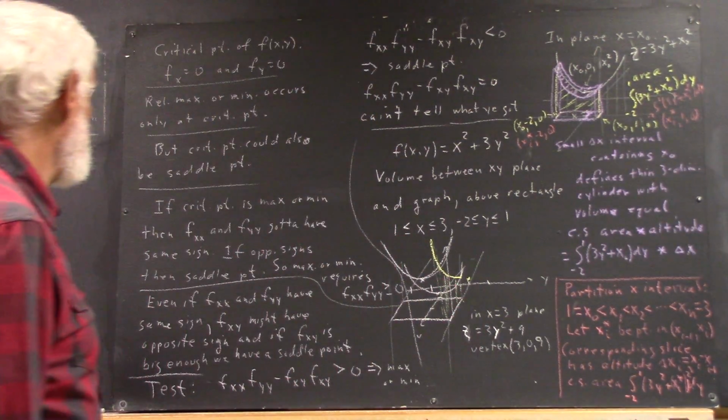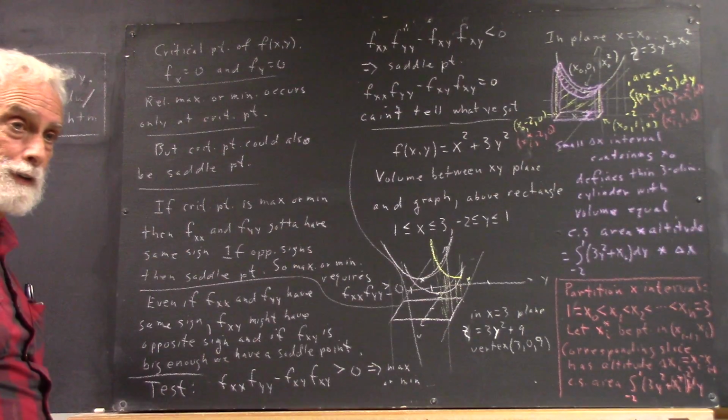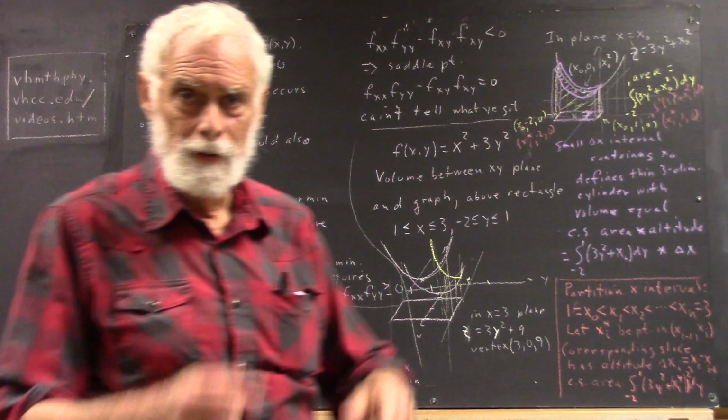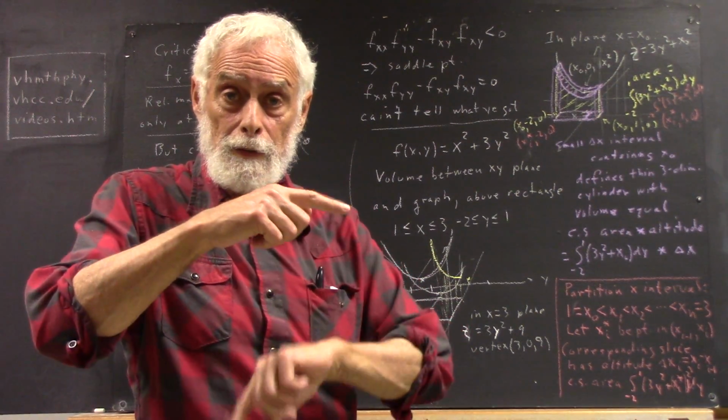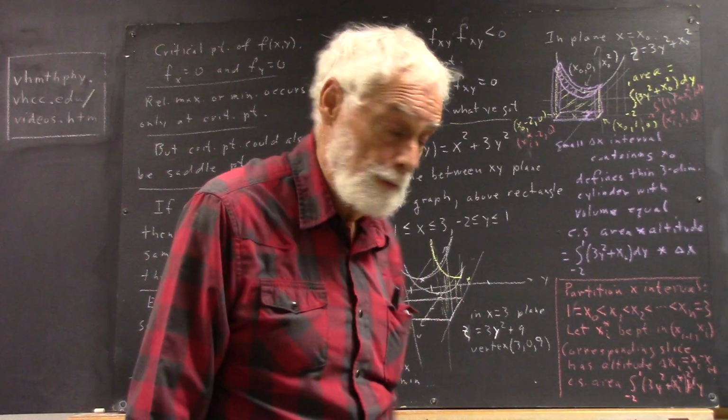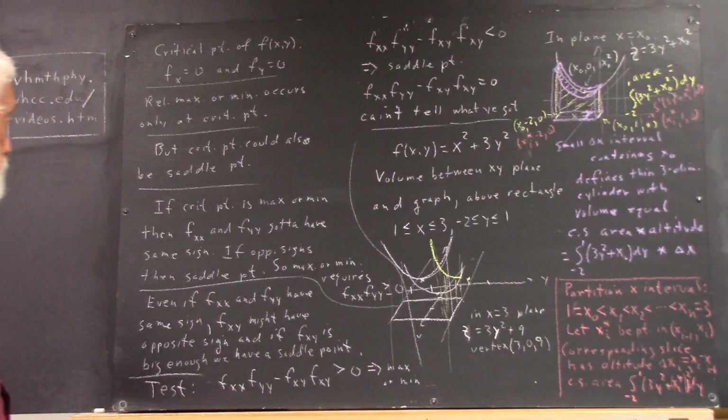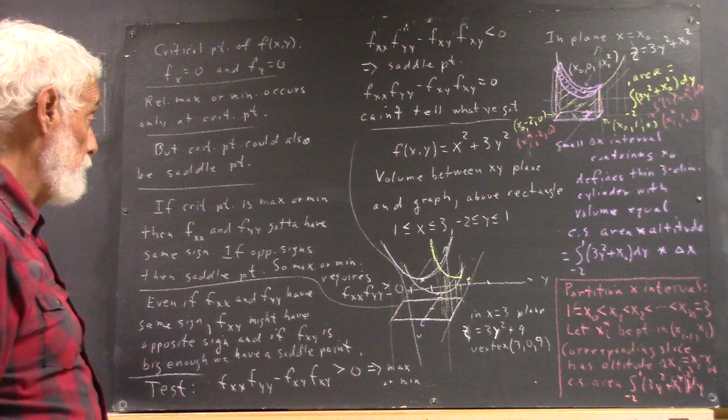In both cases, they have the same sign, and if they have opposite signs, well, one's positive and one's negative. There's your saddle point. So if the signs are opposite, you have the saddle point.